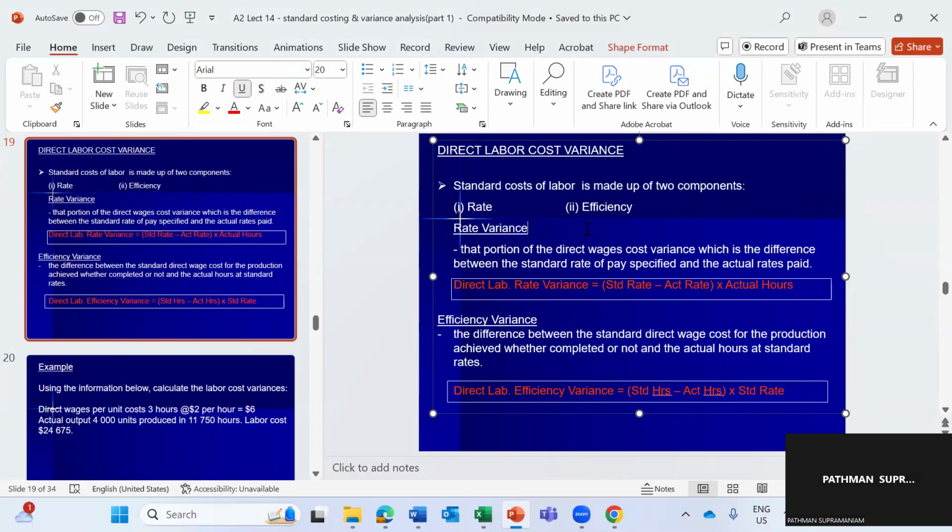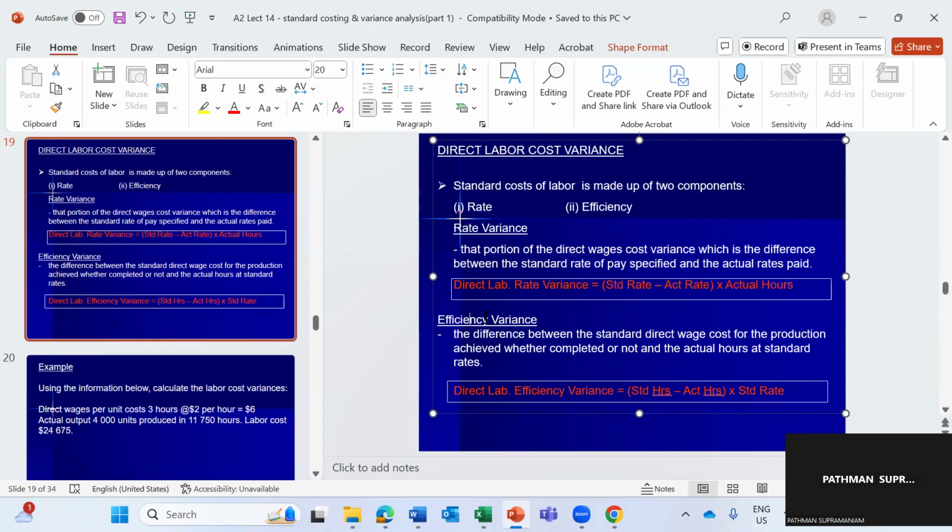When there's less supply in the market, the labor rate will push up. So we might have had to employ labor at more than $10 per hour. On the other hand, if there was oversupply of labor in the market, then we would have got a better rate. Maybe laborers are willing to work for $9 per hour, for example. So the rate variance is more of an external factor.